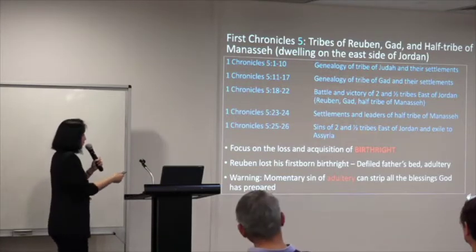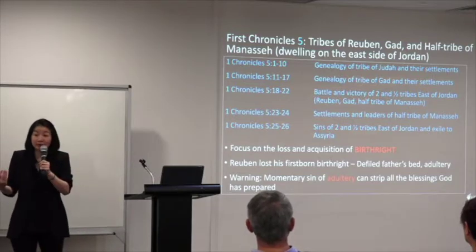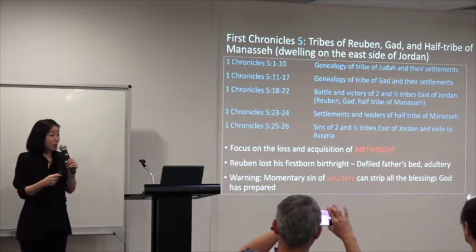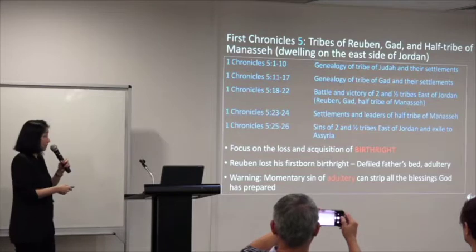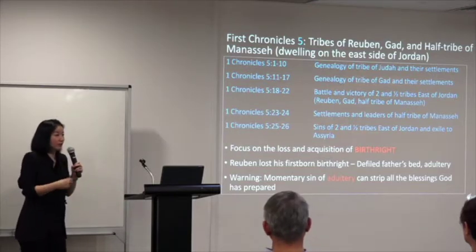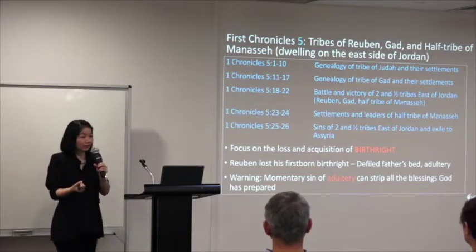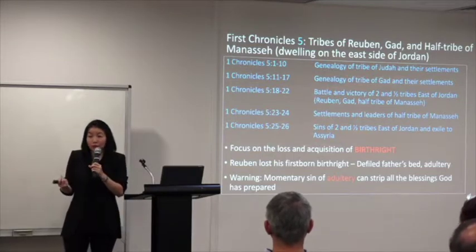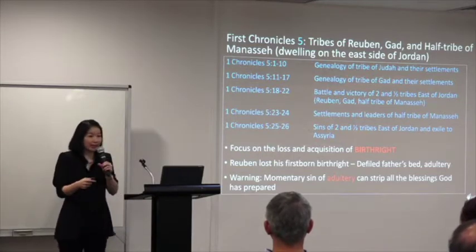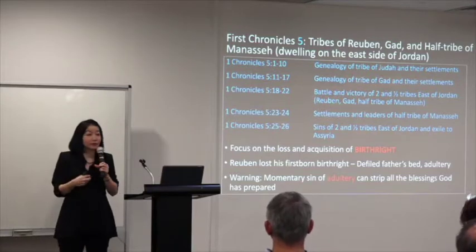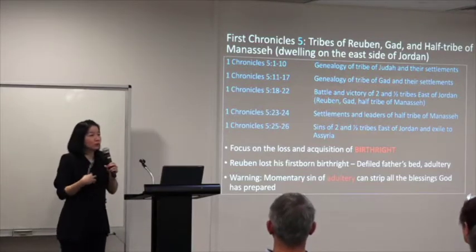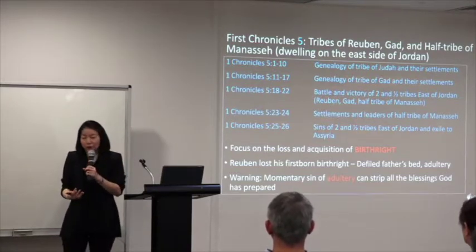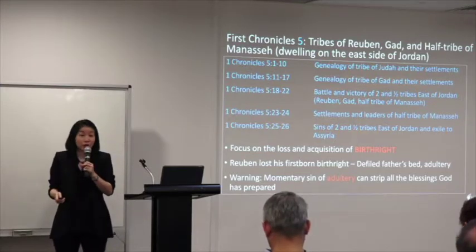So Reuben lost his firstborn right when he defiled his father's bed and had relations with his father's concubine. So it tells us, there are many sins that we commit. But the sin of adultery is one that is particularly heinous in God's eyes. There is physical adultery. There is also spiritual adultery where we cheat on our first love, which is God.